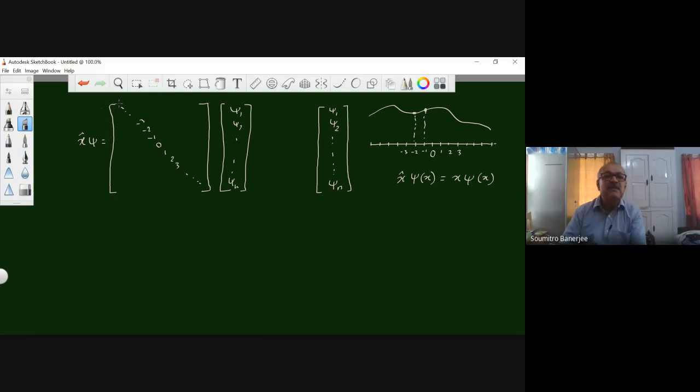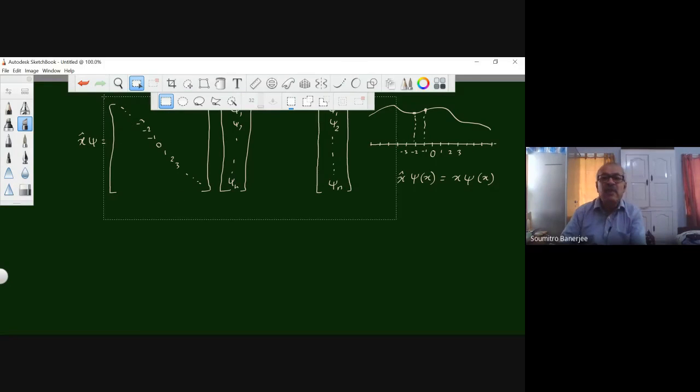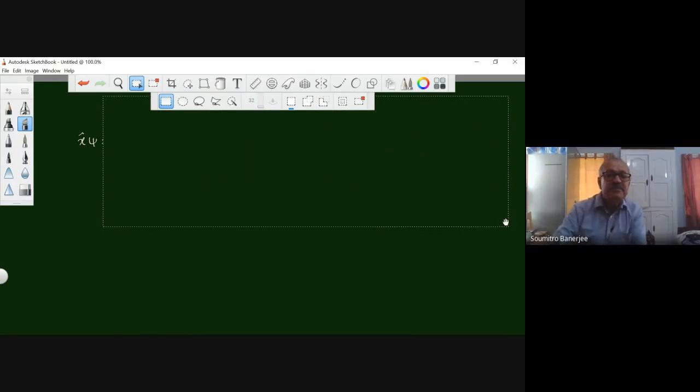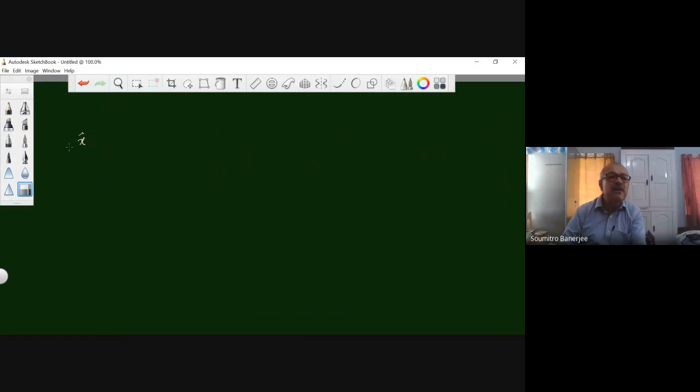So the X matrix is nothing but, now I'll just erase and write it properly, your X matrix is nothing but x1, x2, xn, and the rest are zeros.